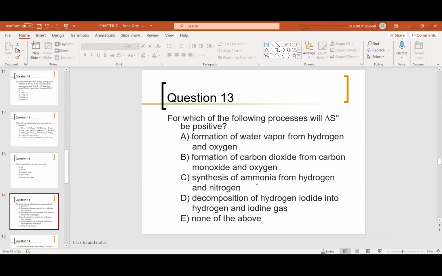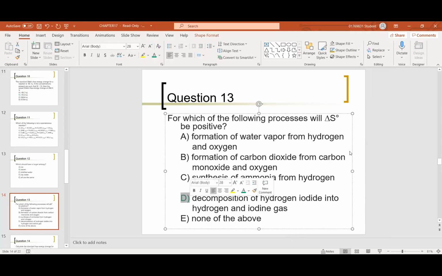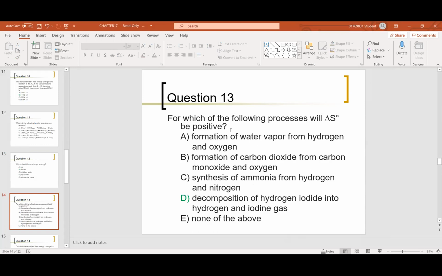No. Synthesis of ammonia from hydrogen and nitrogen? No. Decomposition of hydrogen iodide into hydrogen and iodine gas? This one, I think it's D. Because all of these, when they combine together, it goes from 2 moles to 1 mole, or it goes from more to less.